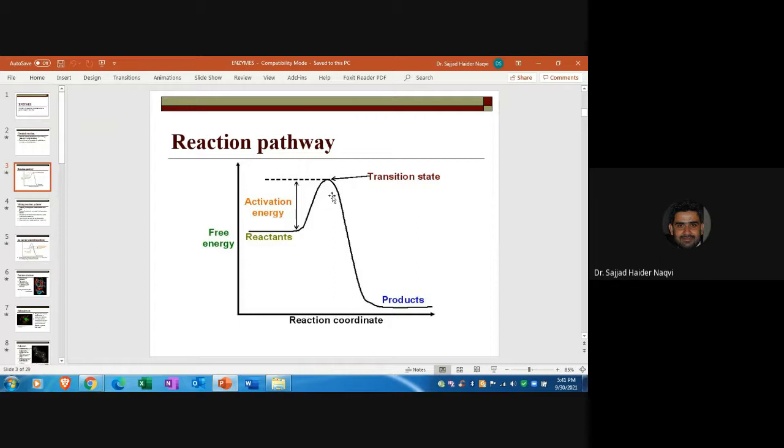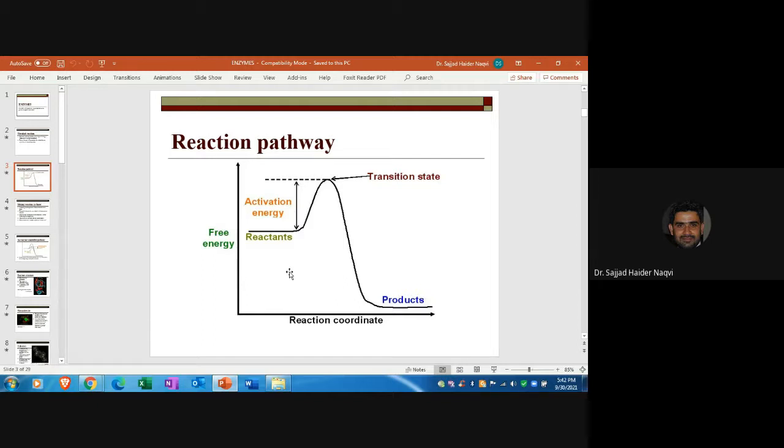And from the graph itself, it's very clear that once the reactants are at this energy level, then they are going down. That means they don't need any energy. Rather, from the transition state to the final product, there will be a release of energy as you look at the graph. So the reaction pathway has this particular graphic representation where a reactant has some energy already within the molecules.